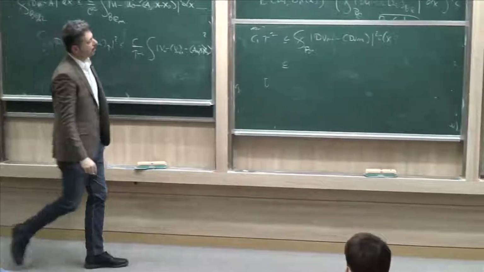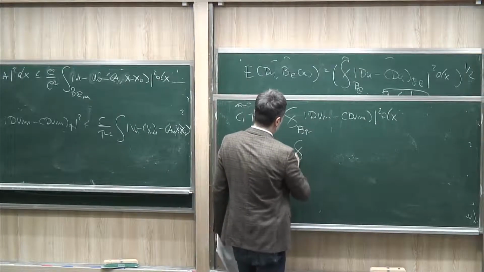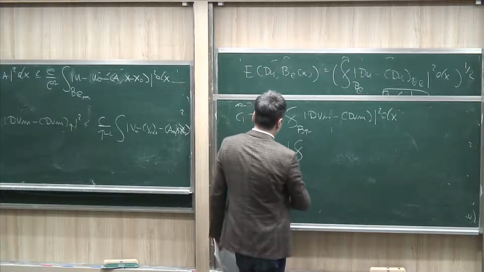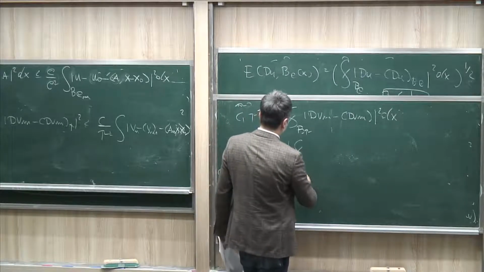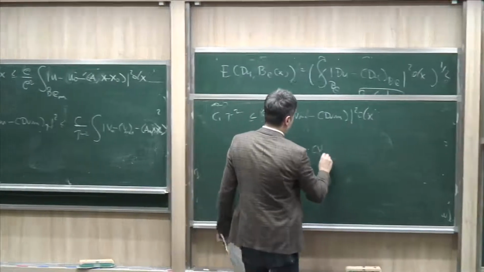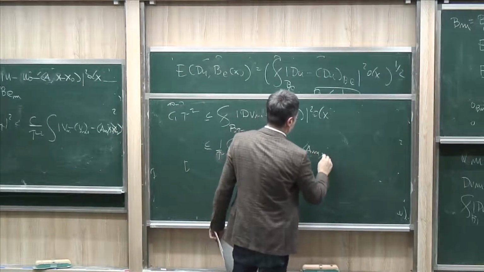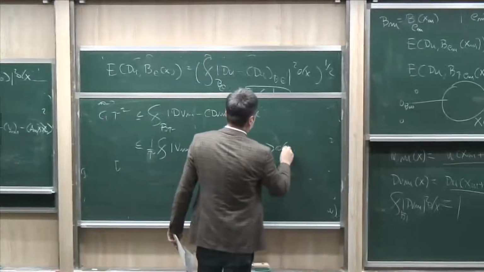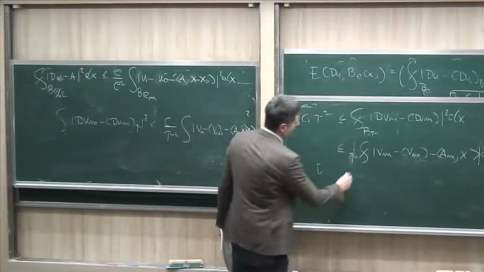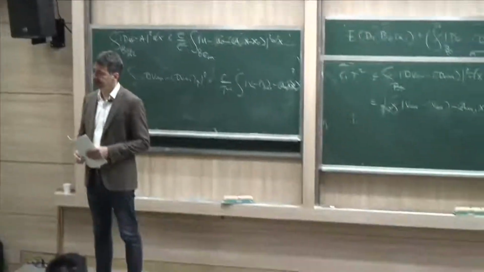Okay, so this can be bounded by dm minus bm minus am squared.